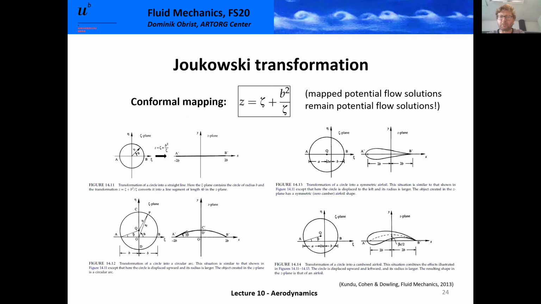By the way, this conformal mapping is called the Joukowski transformation, or in the US they usually call it the Joukowski transformation. I'm not sure what is the right pronunciation. I just call it Joukowski transformation. Mathematically, the Joukowski transformation looks like the boxed formula.